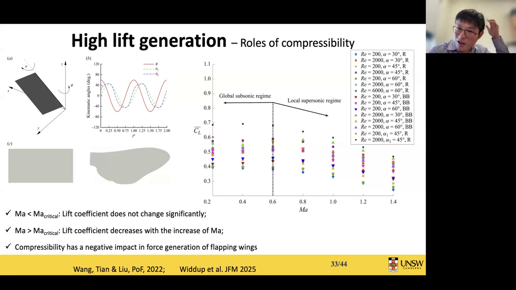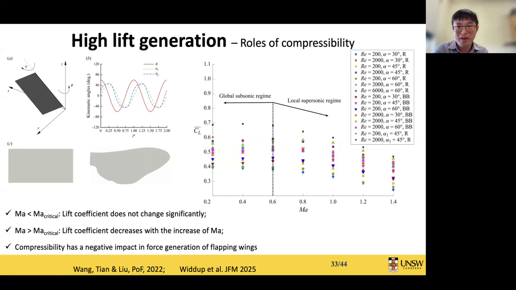For low Re number cases it slightly decreases, and for high Re number it slightly increases in some cases. But once the Mach number goes beyond 0.6, the mean lift coefficient CL decreases with the Mach number. We call 0.6, or slightly larger or smaller than 0.6, the critical Mach number.